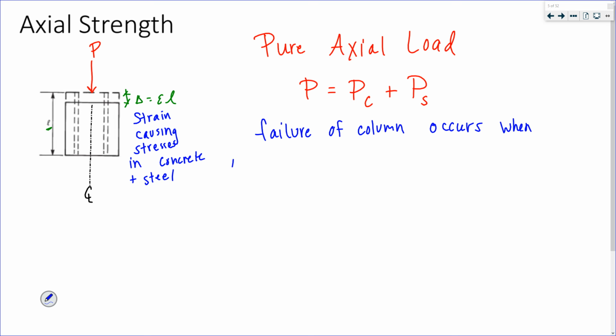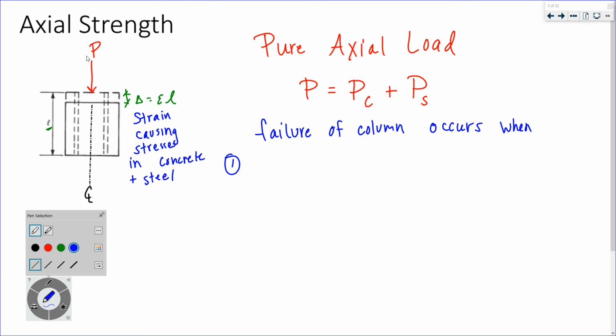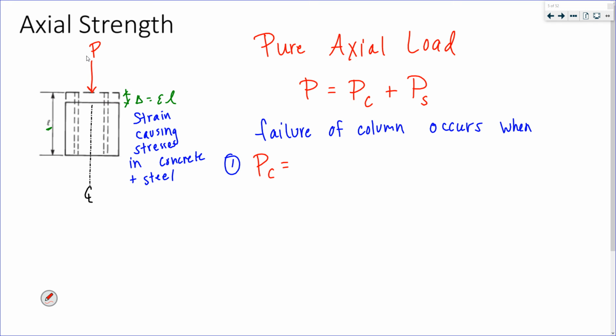When one, your concrete reaches its failure strength as a column loaded in compression.